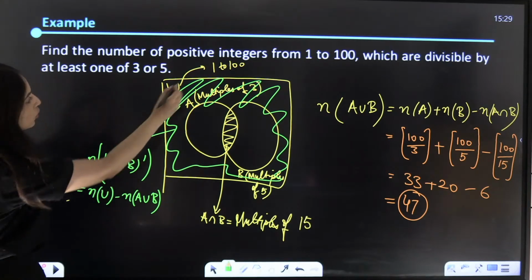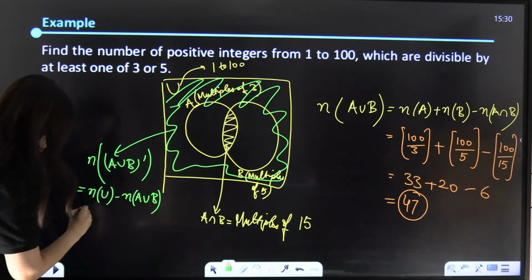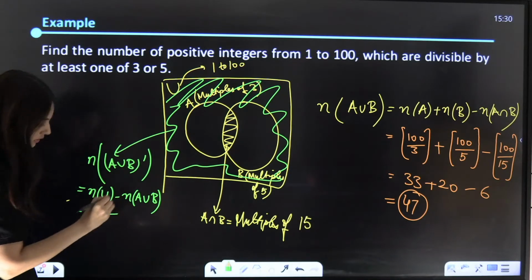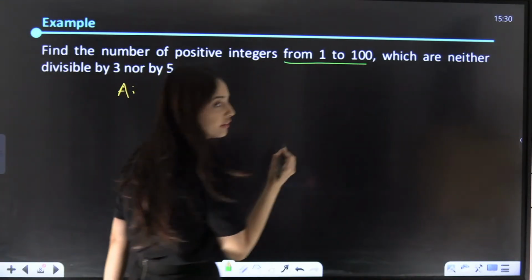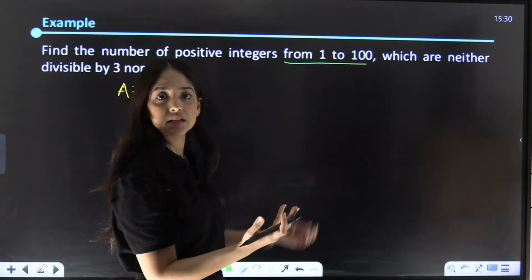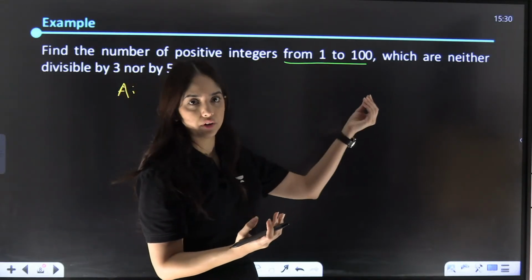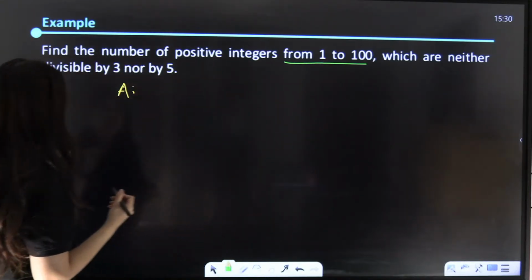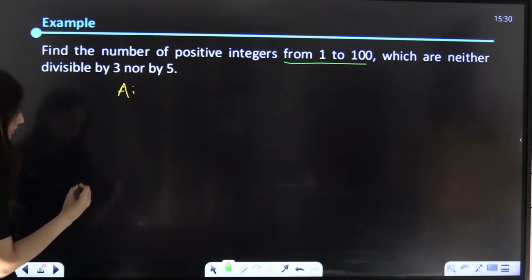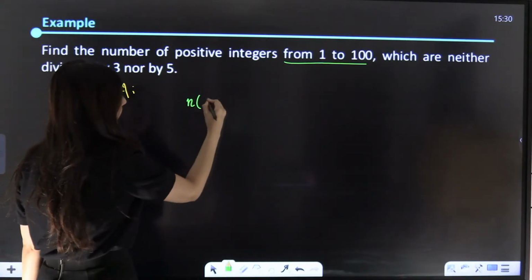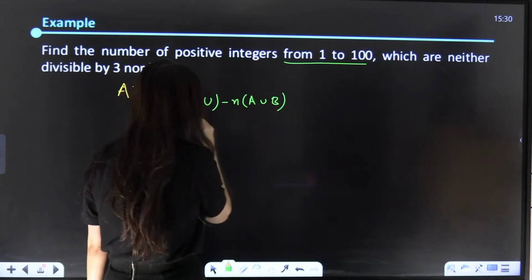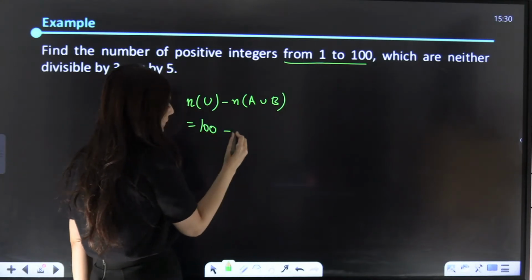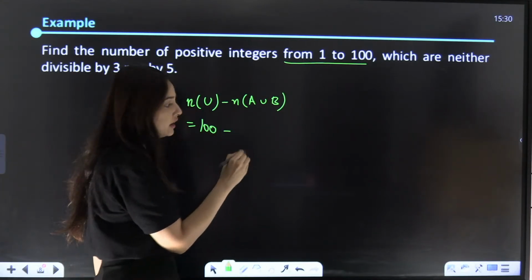What is n of U? All the numbers, 100. That's what we're talking about: positive integers from 1 to 100. So our universal set is all natural numbers from 1 to 100. Then neither divisible by 3 nor by 5 becomes n of U minus n of A union B. That is 100 minus, what did we calculate?